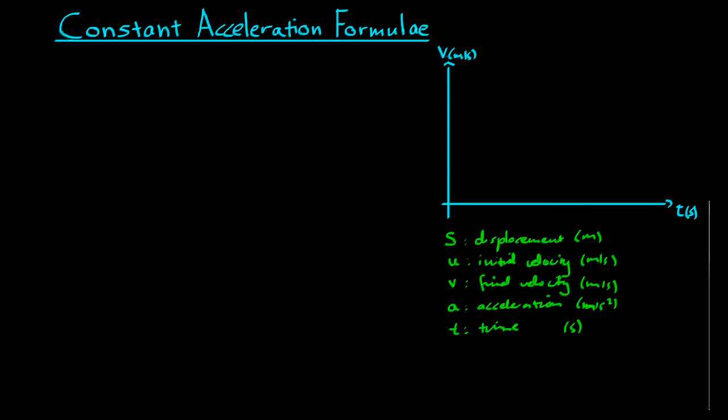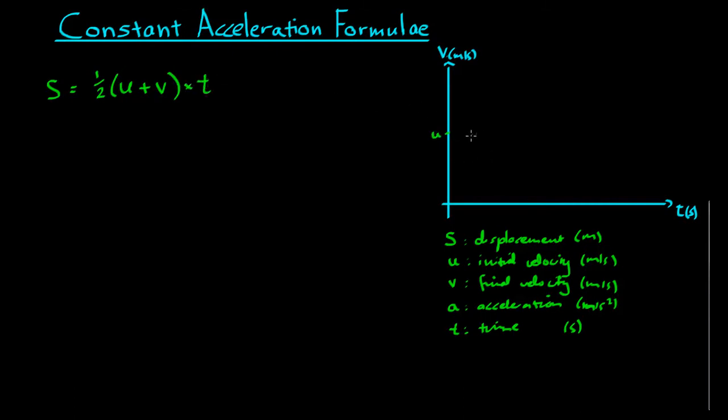Let's have a look at the second formula, which is a bit more interesting. S, the displacement, is equal to half U plus V times T. So let's look at this again.